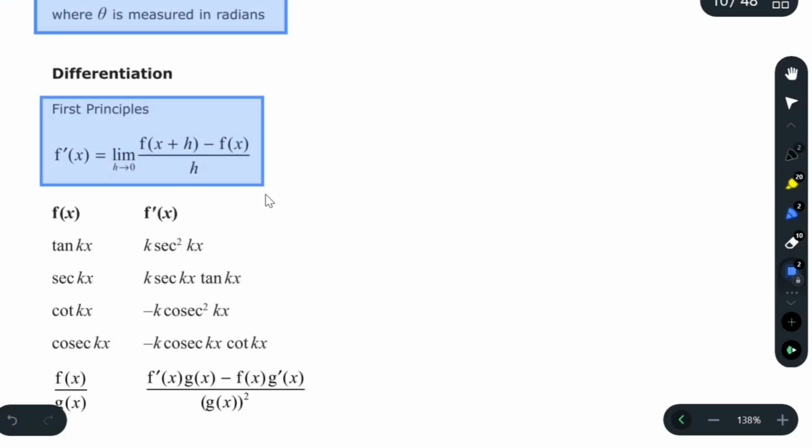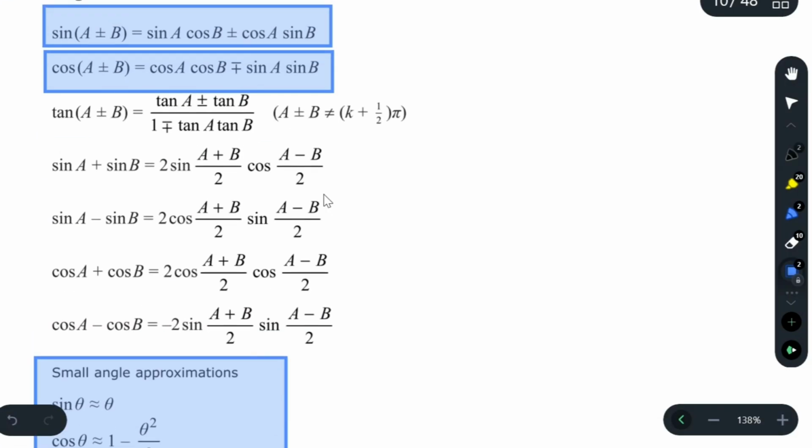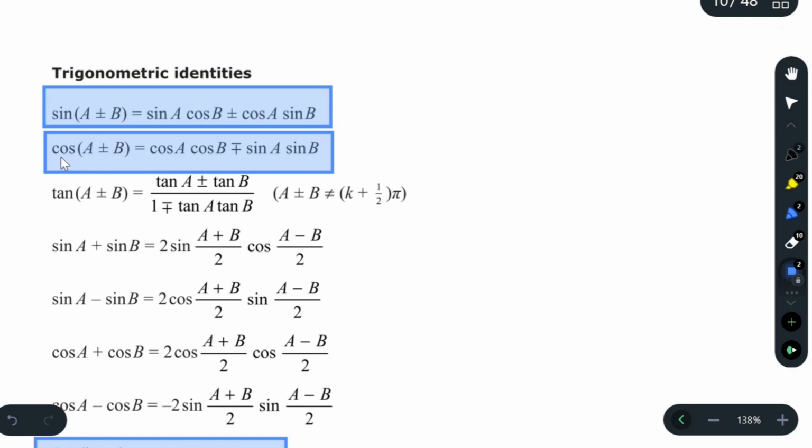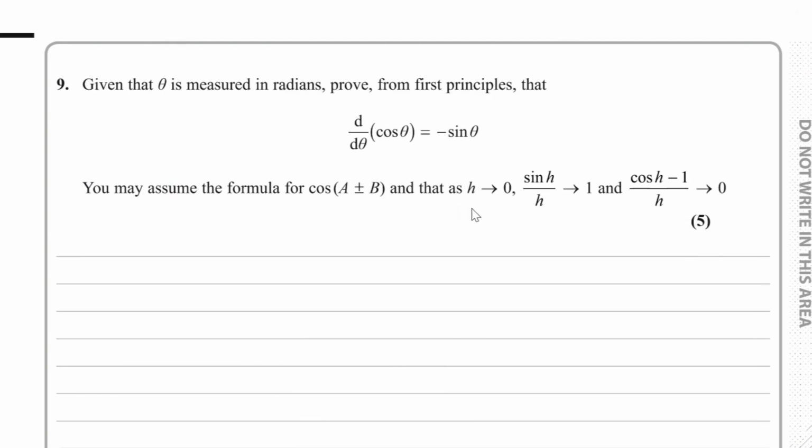Now here we've got the formula for first principles, and here we've got the trigonometric identity for cos A plus minus B. That's cos A cos B minus plus sine A sine B. So the first thing we will do is define what f of theta is. We will begin by letting f of theta equal cos theta.